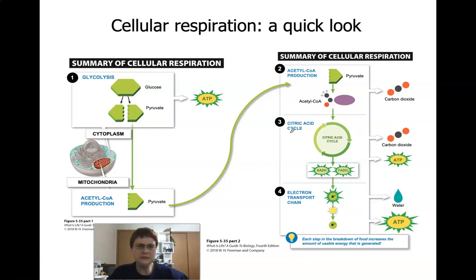We're going to do the citric acid cycle, or the Krebs cycle. It's called either one, I know. And then we're going to make carbon dioxide and ATP and NADH and FADH. These guys are going to get passed down to the electron transport chain, where we're going to make water and ATP. So this whole side over here is going to happen again in the mitochondria.